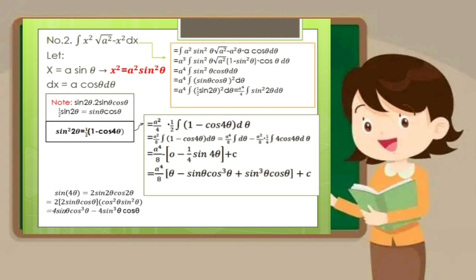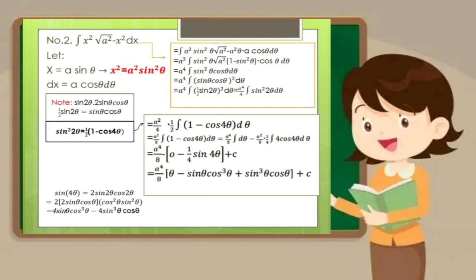The square root of a² is simply a, and then we have a³ here, so we have a to the 4th times sine squared of theta. Remember that 1 minus sine squared of theta is cosine squared of theta.